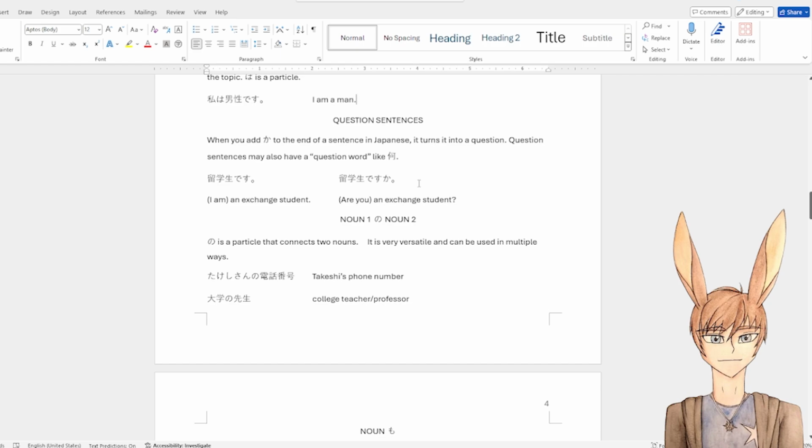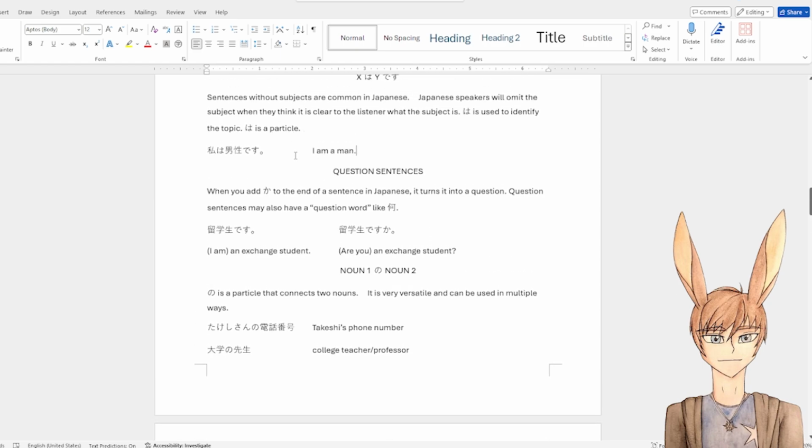Now I should note here that so far, and for the next few lessons moving forward, we're learning about particles. A particle is a part of a sentence that tells you what part of the sentence it is, or helps give hints for... It's difficult to explain.